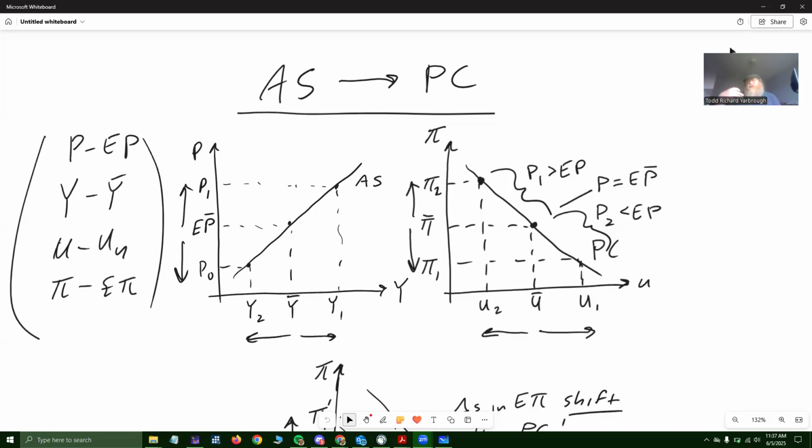And the big innovation of macroeconomics in the 70s and 80s was this realization that it was these gaps, these realized values relative to their expectation, that seem to, at the very least, drive a lot of economic behavior. Businesses seem to behave relative to a particular price gap, inflation gap, or output gap, and it does something to the economic system.